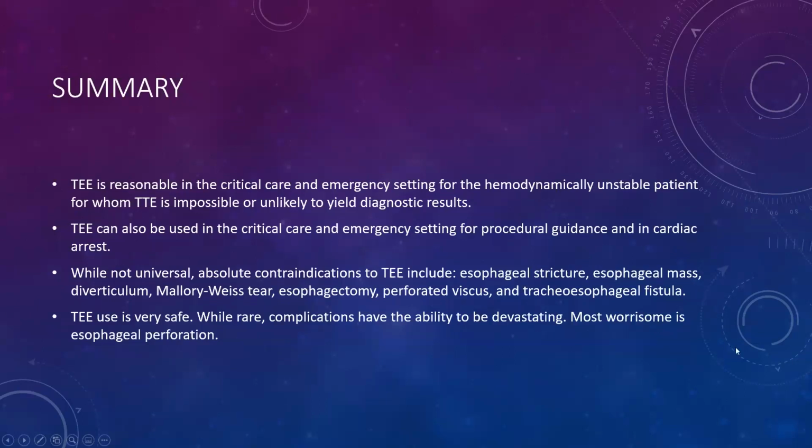But do remember that list of relative contraindications and ask yourself before dropping that probe in, are my expected benefits outweighing the risks of dropping this probe in someone who has a thoracic aortic aneurysm, someone who has a C-spine that's not clear, someone who has a history of varices.